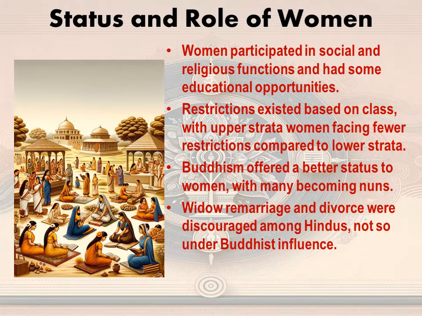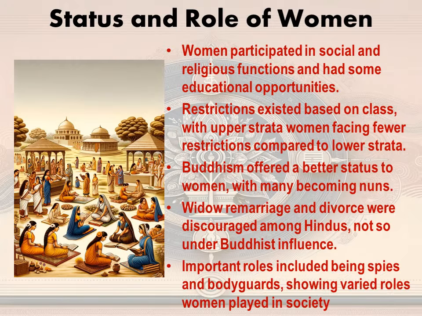Widow remarriage and divorce were encouraged among Hindus, not so under Buddhist influence. So, among the Hindus, there were very few instances of widow remarriage that was discouraged during the later Vedic period onwards, but under the Buddhist influence there was existence of widow remarriage.